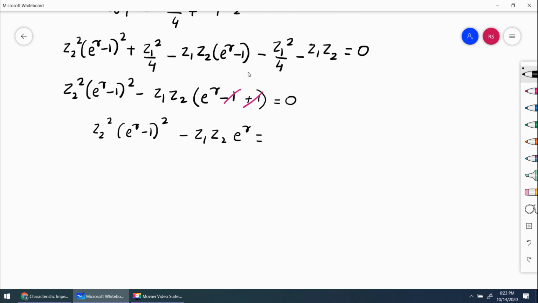This is equal to 0, and I can write Z2 times e to the power gamma minus 1 the whole square, minus Z1 e to the power gamma is equal to 0.